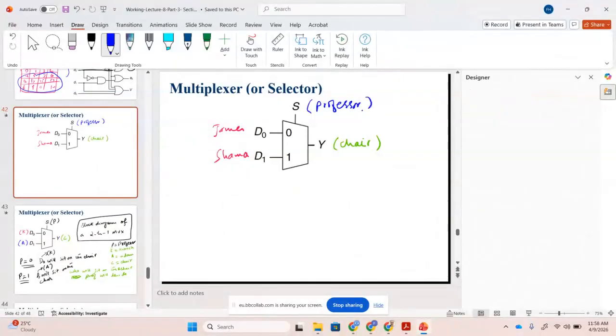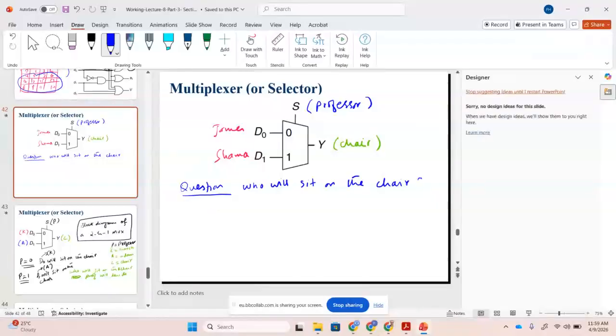So the question arises: who will sit on the chair? Who will decide? Help me. Can you tell me who will decide who will sit on the chair in this example?